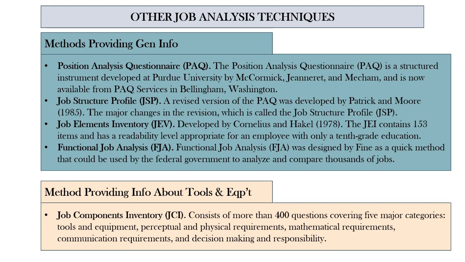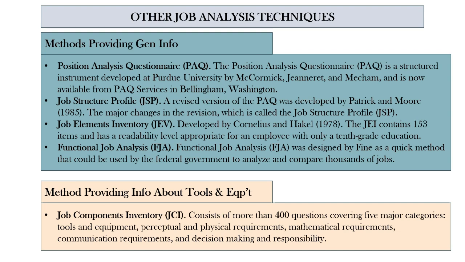We also have the Functional Job Analysis or the FJA. It was designed by Fine as a quick method that could be used by the federal government to analyze and compare thousands of jobs.